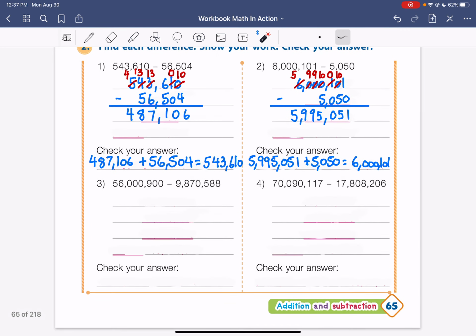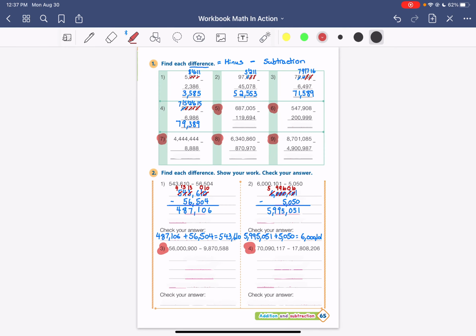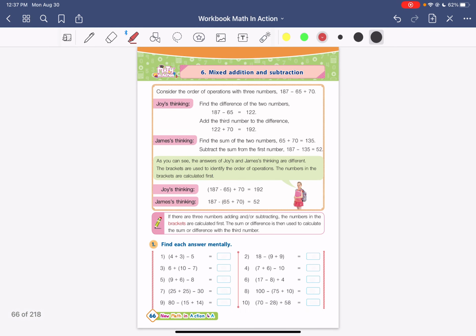So you're going to try number 3 and 4 for homework. Okay. Let's move on. So here we have mixed addition and subtraction. How do we do mixed numbers, right? We're going to mix.